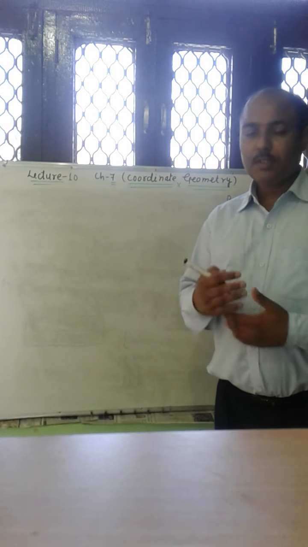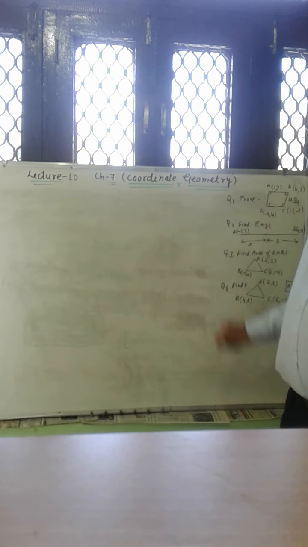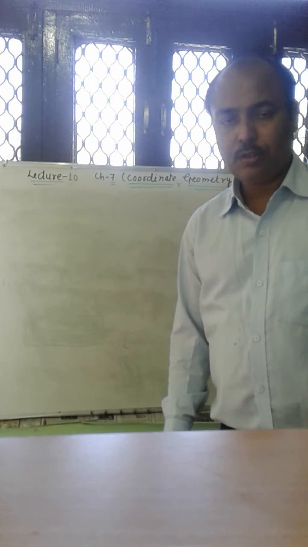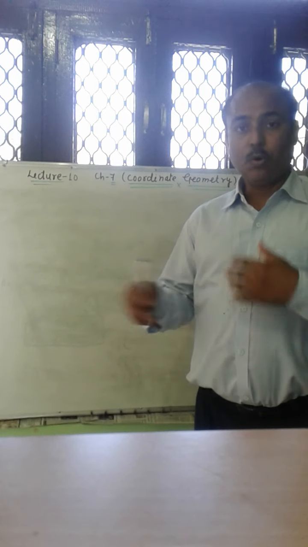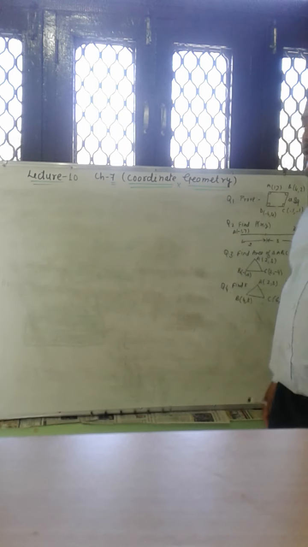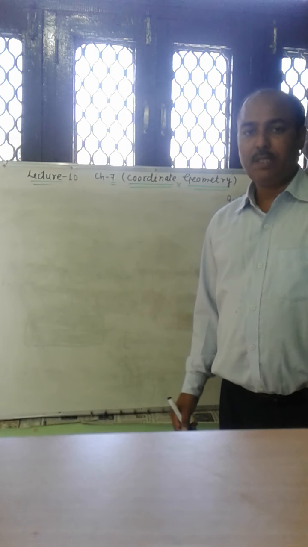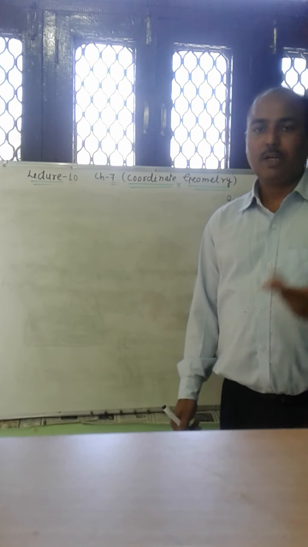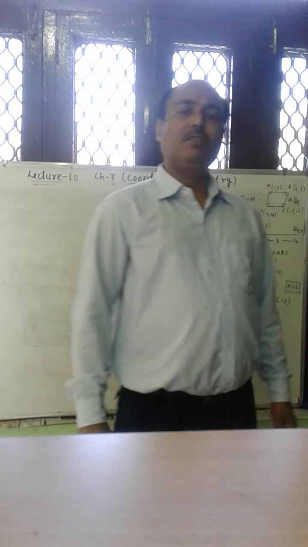And in a parallelogram, if opposite sides are equal and diagonals are not equal, then that is the condition of a parallelogram. We already gave such notes in our previous class to every student. I hope you have got those notes.